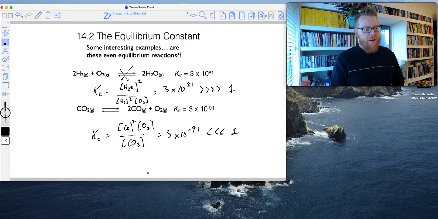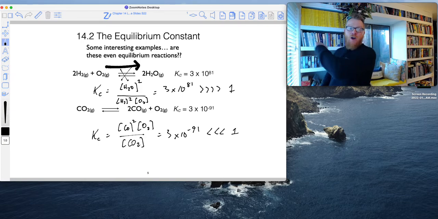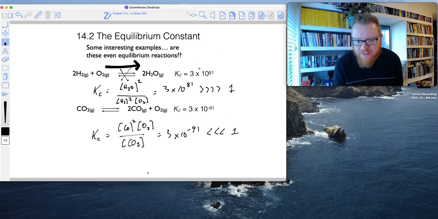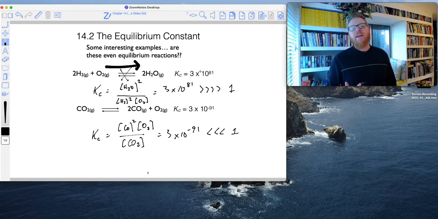I'm going to draw a big, fat, thick arrow and say this reaction definitely proceeds all the way to the right because of the crazy magnitude of that equilibrium constant. And we don't think of combustion reactions as equilibrium reactions. Combustion reactions are not equilibrium reactions.